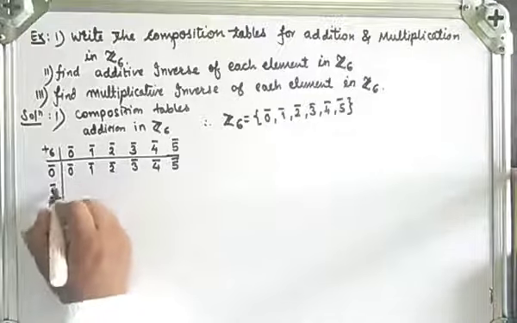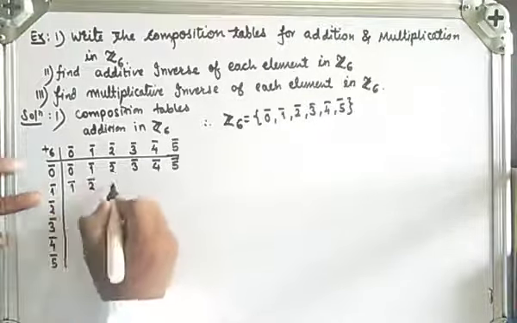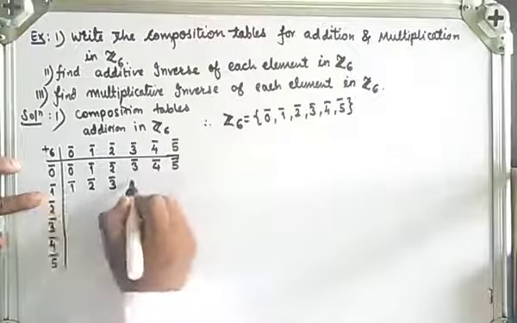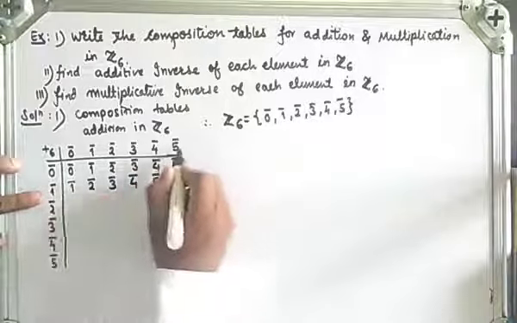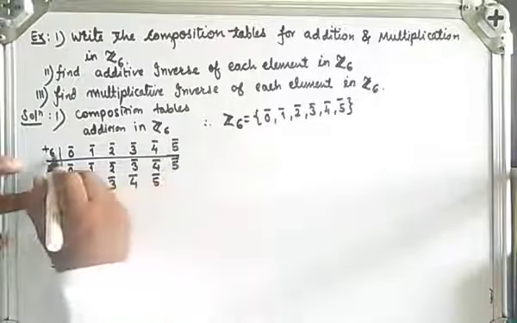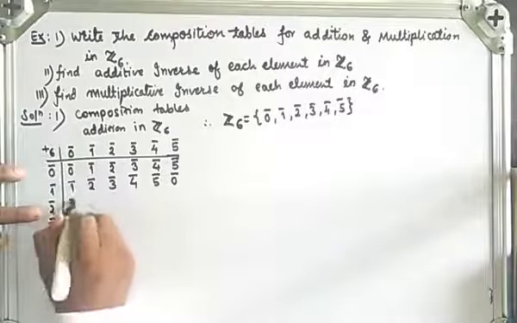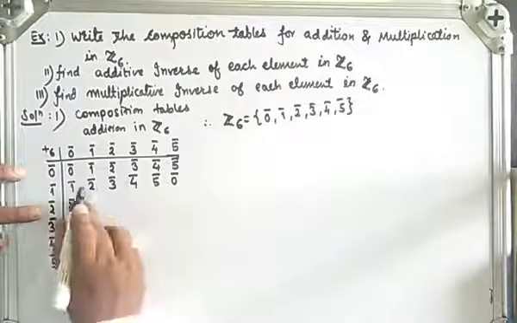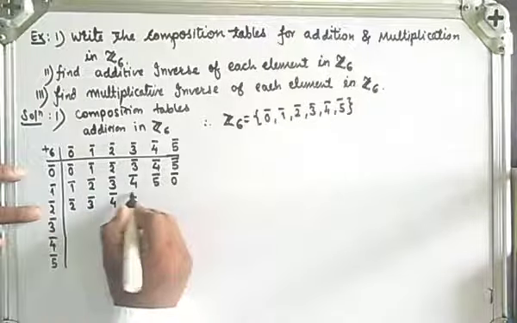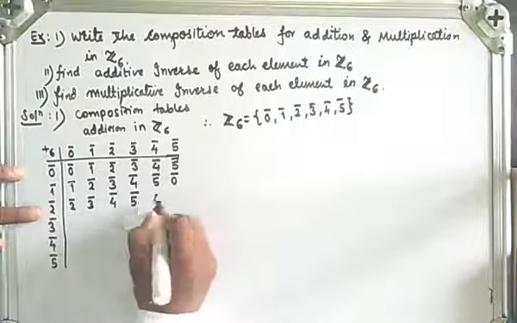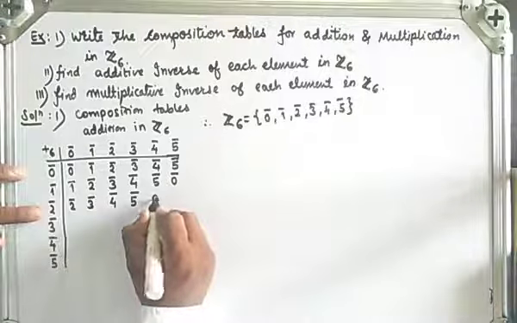Then 1 plus 0 is 1, 1 plus 1 is 2, 1 plus 2 is 3, 1 plus 3 is 4, 1 plus 4 is 5 bar, and 1 plus 5 is 6, and when divided by 6, the remainder will be 0. Next, 2 plus 0 is 2 bar, 2 plus 1 is 3 bar, 2 plus 2 is 4 bar, 2 plus 3 is 5 bar, 2 plus 4 is 6, and under modulo 6 we again get 0 bar.